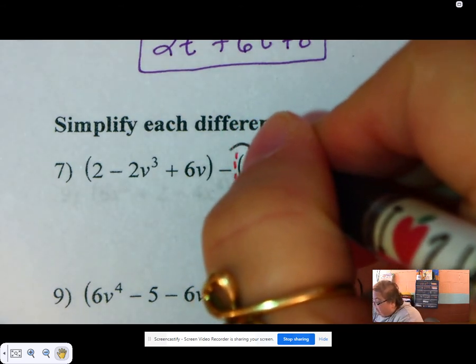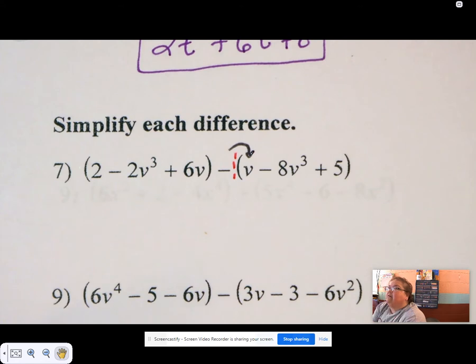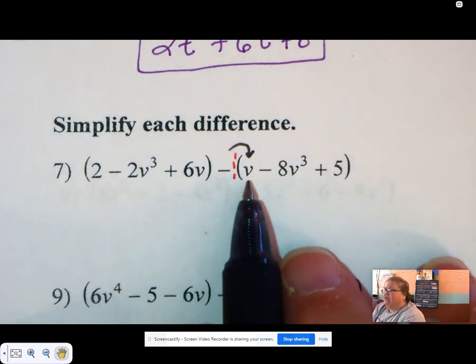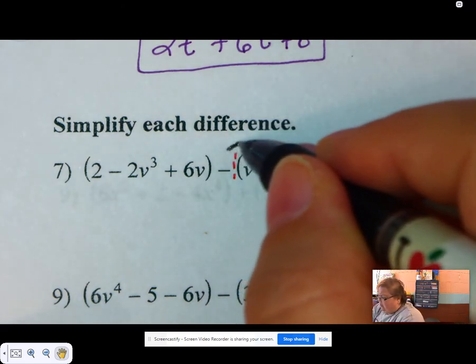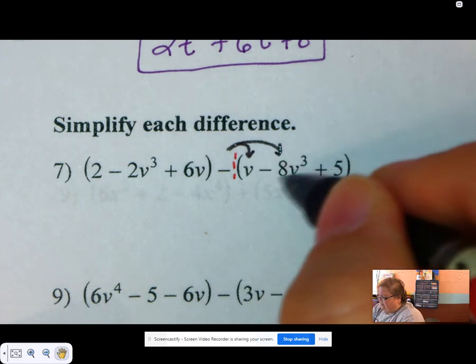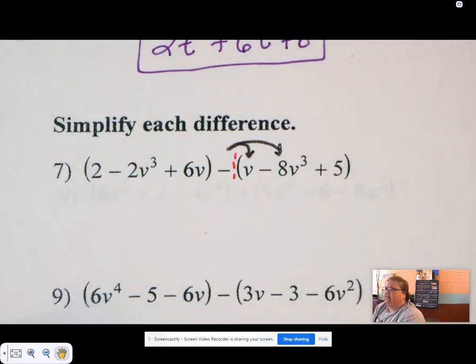And what is negative 1 times v? Oh, wait. So that changes this, yes? What's negative 1 times negative 8? Positive 8.